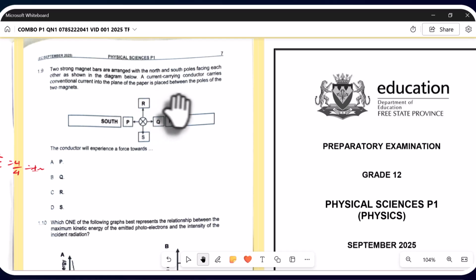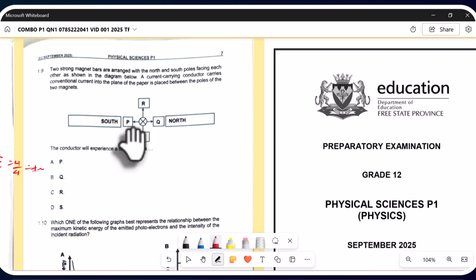So if I hold my finger here, and because I see this is north and then south, my second finger, the finger after the thumb, is going to be facing this way, from north to south.